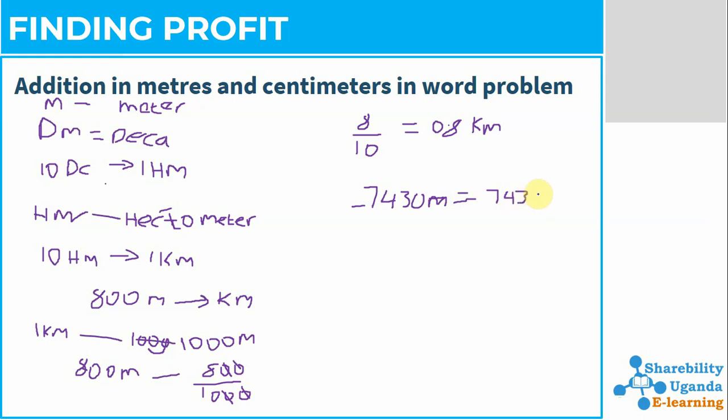7,430, and we shall divide this by 1,000. That means this 0 shall cancel with this, and we shall be remaining with 743 divided by 100.